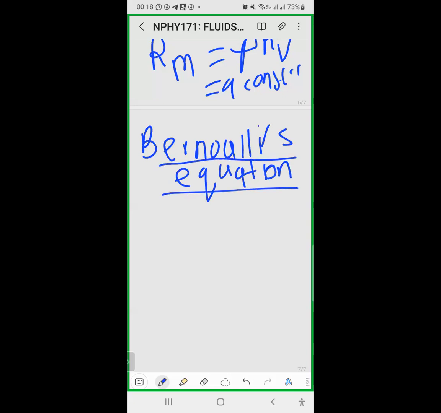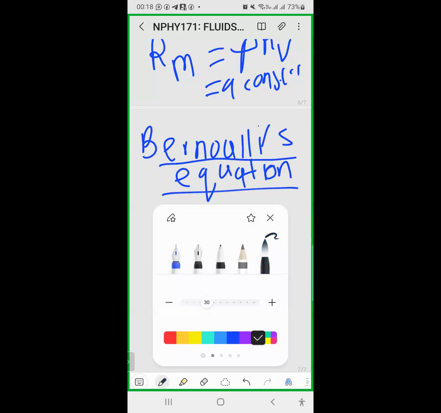So Bernoulli's equation stems from the principle of conservation of mechanical energy, which is applied to the flows of an ideal fluid.